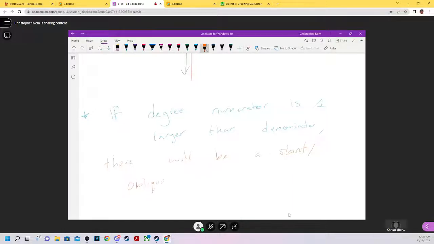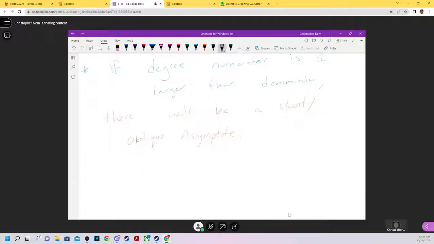They call it an oblique or slant asymptote. An oblique or slant asymptote is just an asymptote in a diagonal direction. That's it. It kind of looks like the slant right here. All right. It will have a slant or oblique asymptote.